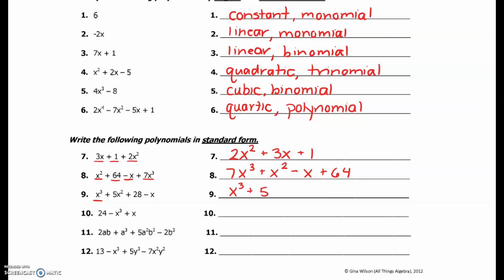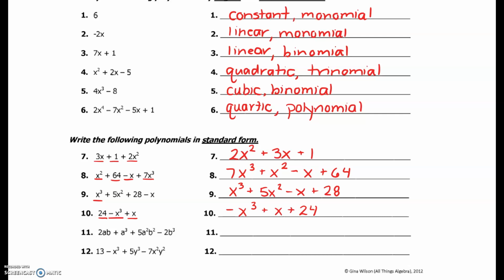We have an x squared. We have an x, and we have a constant term of 28. Number 10, we're sticking with the x variable here. Now I have an x to the third, so that negative x to the third will go first. The x is next because we do not have an x squared in this situation, and always ending with that constant, it's a positive 24.